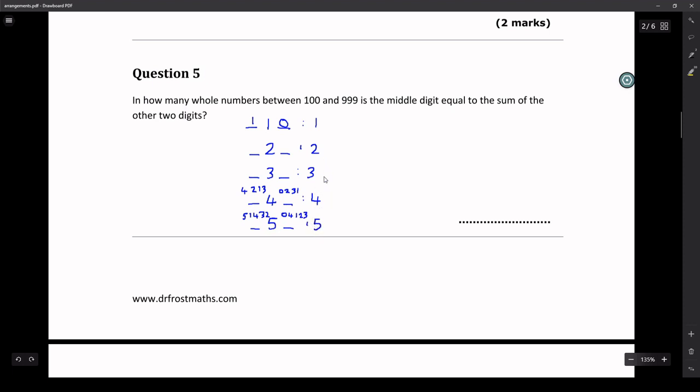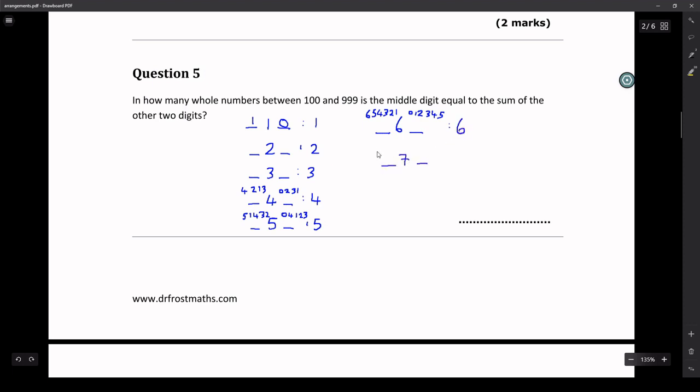You might spot a bit of a pattern here. I'm just going to keep going just to be sure. So with 6, we could have 660, 561, 462, 363, 264 and 165. So we see here there are 2, 4, 6 possibilities.